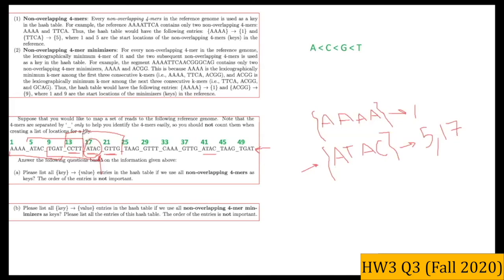Starting from 17 all the way to here. So we have the first k-mer start with A, second k-mer start with G, third k-mer start with T. So where's the minimizer? Is the one start with A because it's lexicographically minimum. But it's already stored. So we cannot do anything here than just skip this window because it will be duplicate.